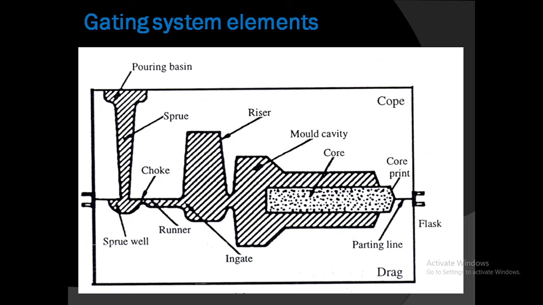Next, the area at the junction of the riser and the casting should be large enough so that the riser is not choked. Whatever the area is at the junction, it should be large enough so that choking does not occur. And next, for the riser to feed the casting, its cooling rate has to be lower than that of the casting.